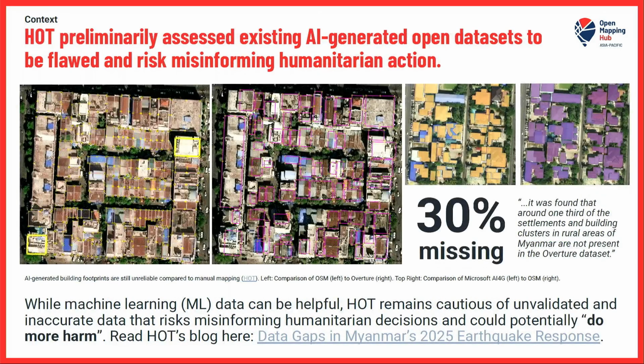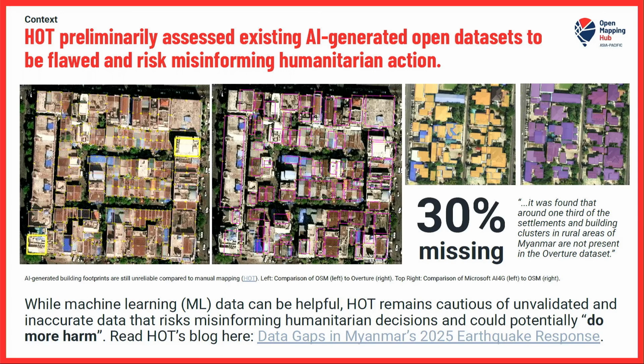And we also looked at different AI-assisted open data sets, such as Microsoft AI and also Overture. We tried to assess and check the existing OSM building footprints and the existing AI-assisted data sets.